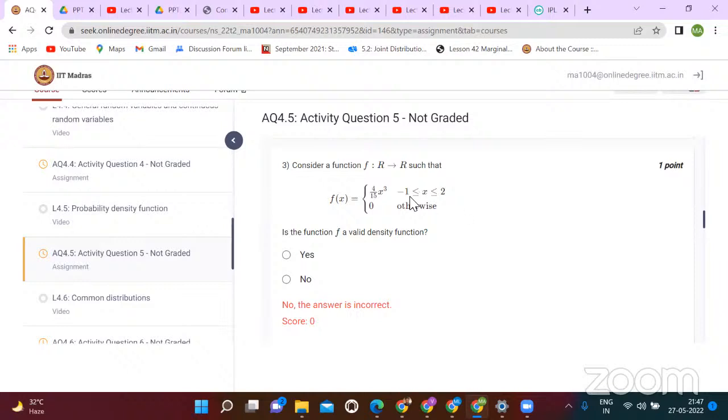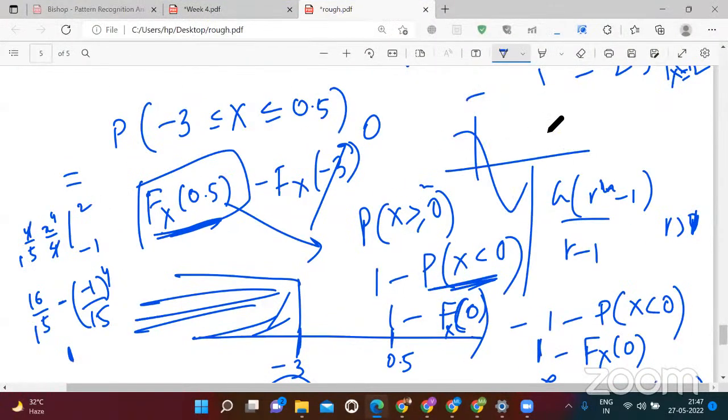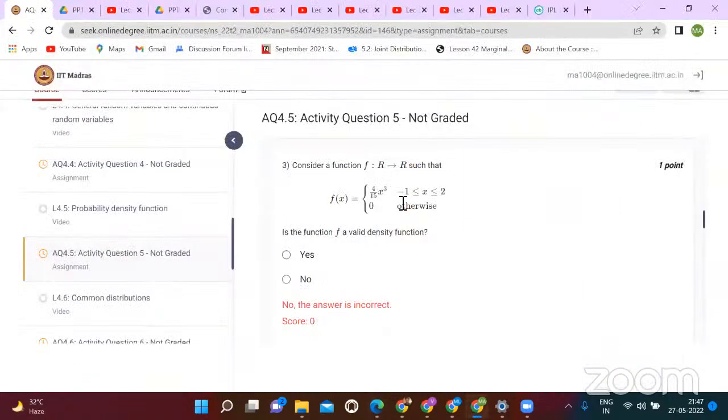Yeah, it's a probability, so it can't be negative. Even if the area is coming as 1, the PDF can't be negative, right? So you can't get a PDF whose value is negative, like this area. This can't happen because here it is happening. That's why it can't be. The PDF is getting negative, right? If you put -1 here, you'll get -4 upon 15. That can't happen.